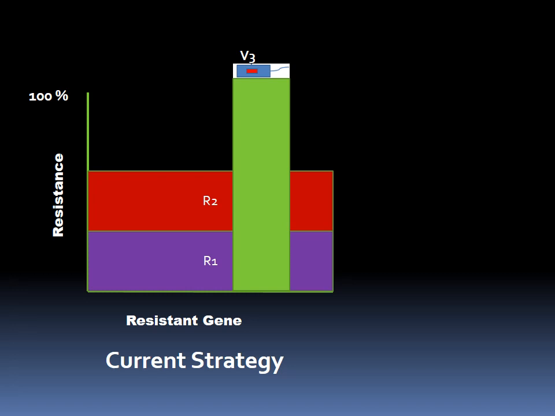If somehow with the passage of time a mutation occurs and even that resistance gene is broken, still the backup is there in the form of R1 R2. So this strategy is now popular among pathologists and breeders, especially those working on rust diseases, and due to this exploitation we have varieties which usually provide protection against the pathogen.